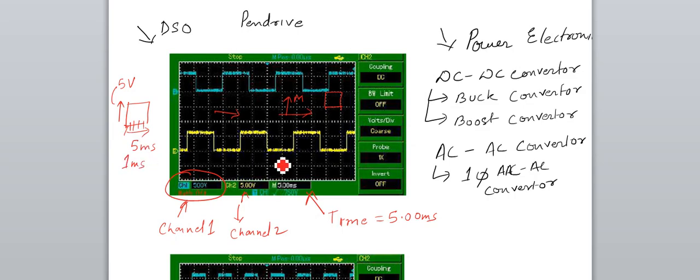If you calculate the timing from here to here, it is approximately 9 millisecond.